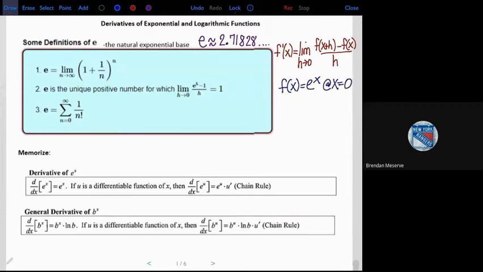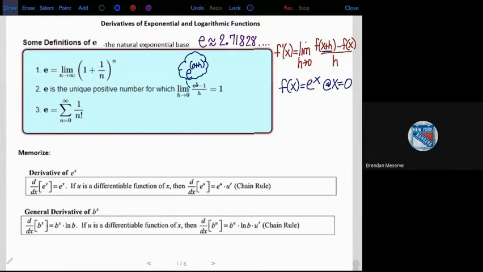Why does x have to be 0? In order for x plus h to just be an h, I would have to be adding 0, and that's why it could just disappear. So this is like e to the 0 plus h, which is why it's just e to the h.